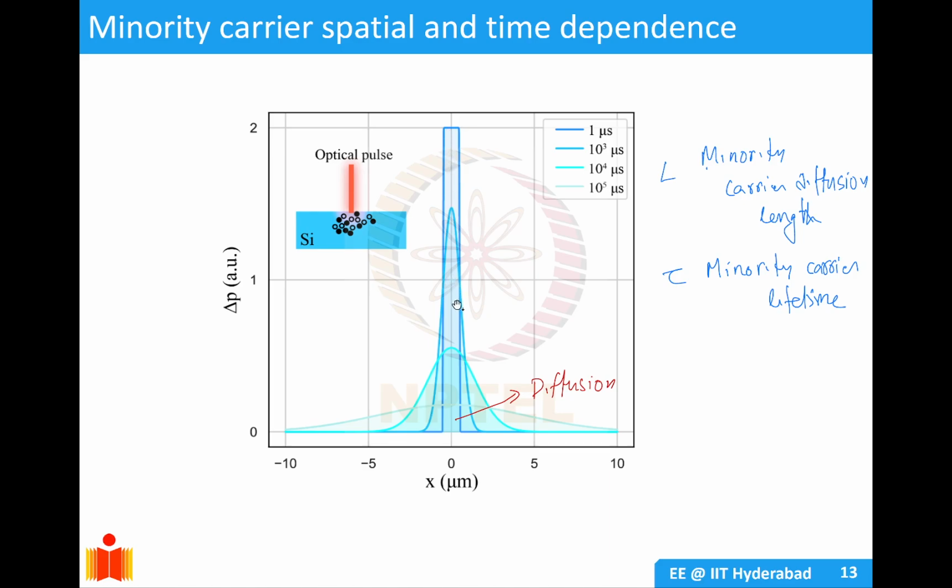The value at the center will be coming down, and the spread will keep increasing, such that at infinity it will become a flat line again. So this graph shows how the concentration is changing with time and with position.